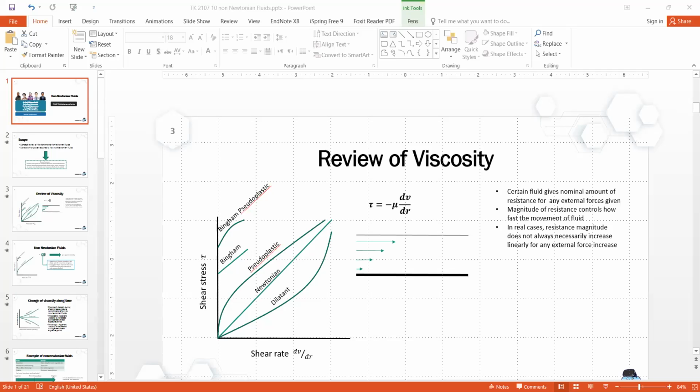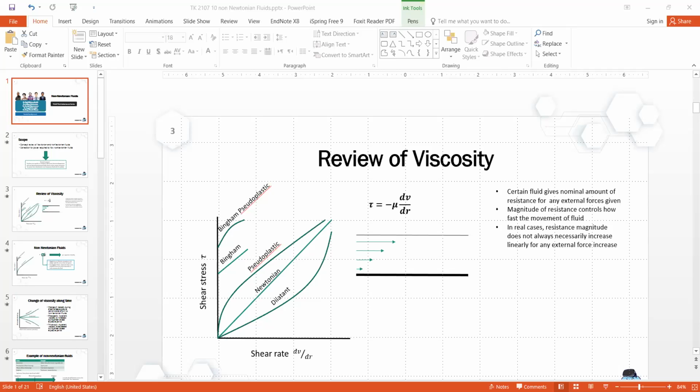So what is the unit of the shear stress? The shear rate, people always call it dV per dr, or maybe sometimes it's called gamma.